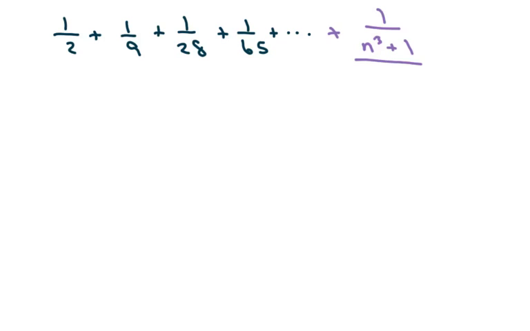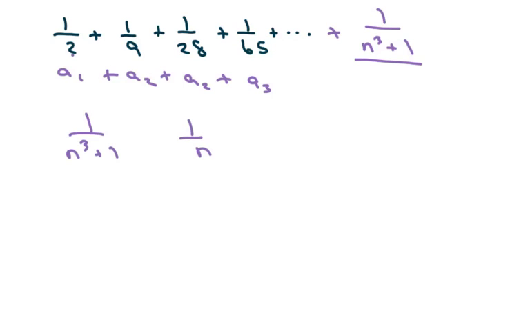So you look at that and plug in your index numbers here, and you see it follows that pattern. And so we're going to compare it to 1 over n. If it's less than 1 over n, then it's convergent. If it's not, then it's divergent.